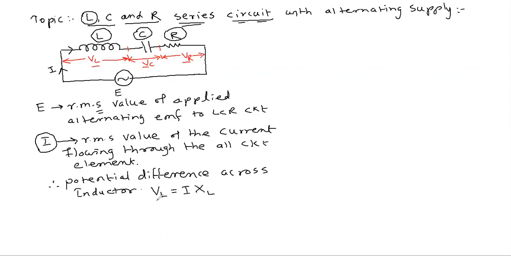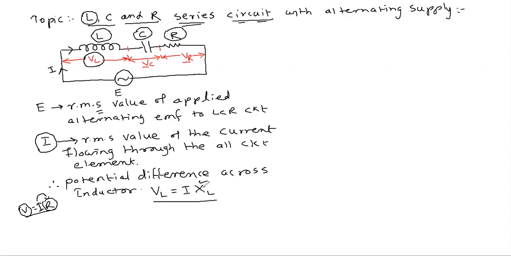Now see how you got this expression. As you know Ohm's law, V is equal to IR. This is the potential difference across the resistor of the circuit and I is the current flowing through R. Similarly, when the current is flowing through this inductor, the potential difference VL is nothing but the product of the current and the resistance offered by this inductor, which is the inductive reactance XL.